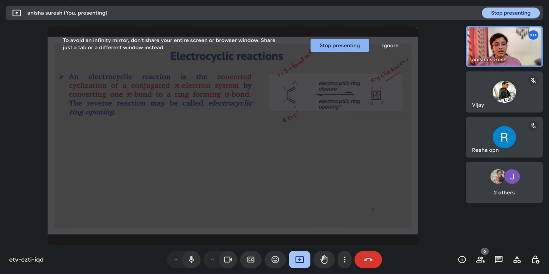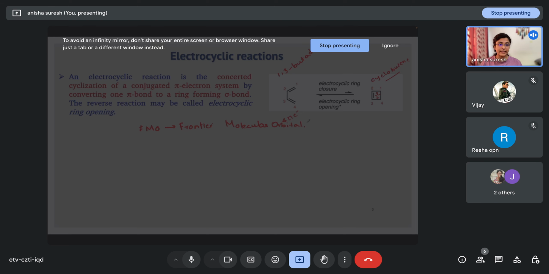For discussing that, we know the pericyclic reactions can be analyzed by three different methods. FMO is one such method, that is FMO, Frontier Molecular Orbital. Out of the three methods, one important method is the Frontier Molecular Orbital method for analyzing pericyclic reactions.